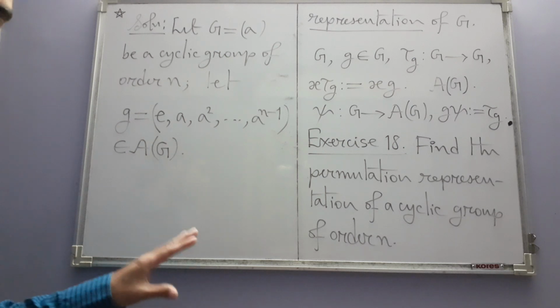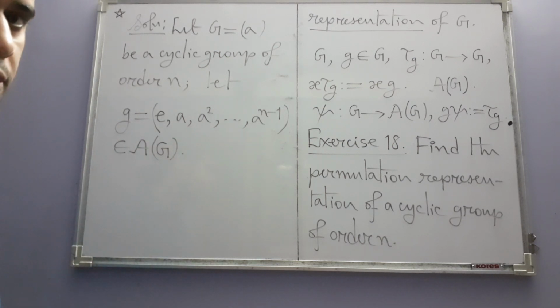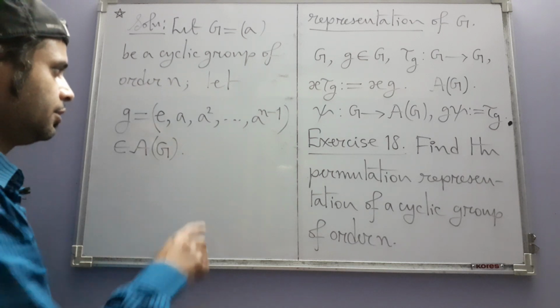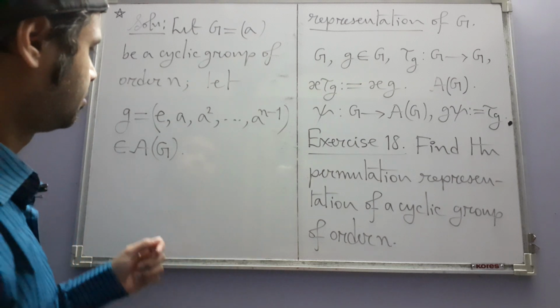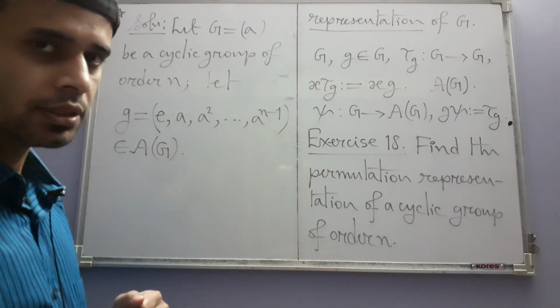Let's take some time to understand this. What does it even mean? You can clearly see that we have written a cycle here. What is A of G?